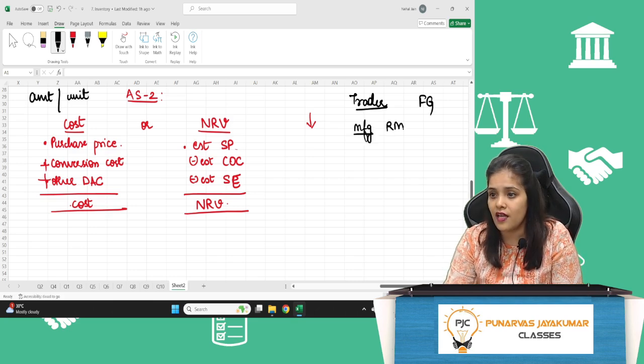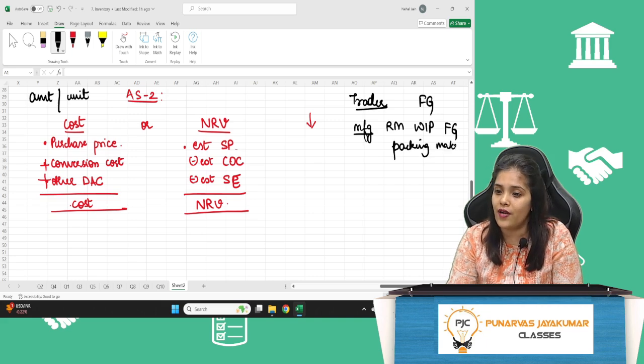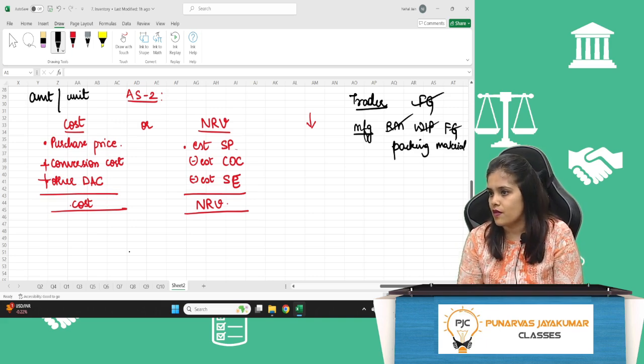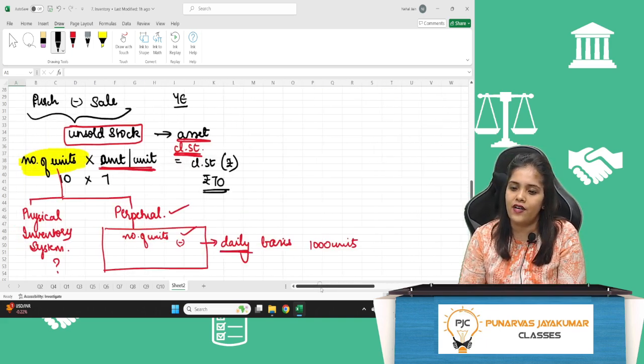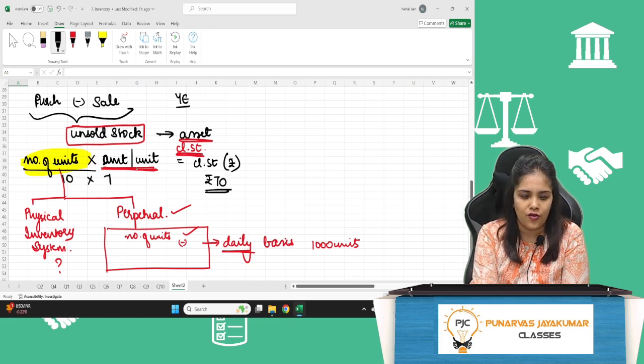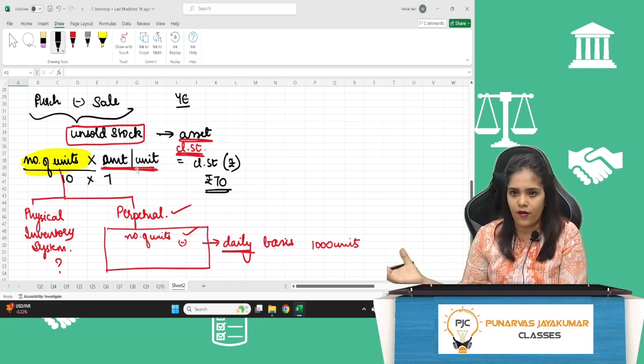They have raw material, WIP, finished goods and packing material also. All of these have to be valued. And how will you value them? First find the number of units, then find the amount per unit, and that will be your closing stock.